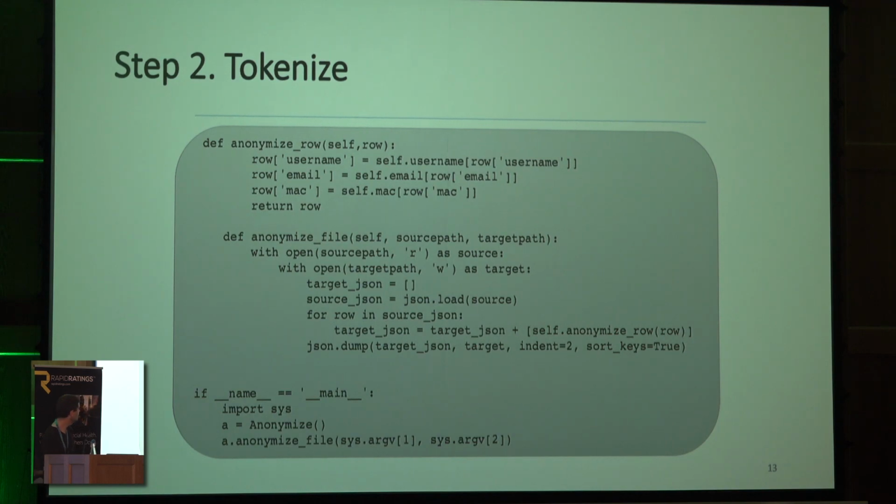Then in the next function, anonymize file, we go row by row and substitute the original value with a synthetic value, and that's how the anonymization works.